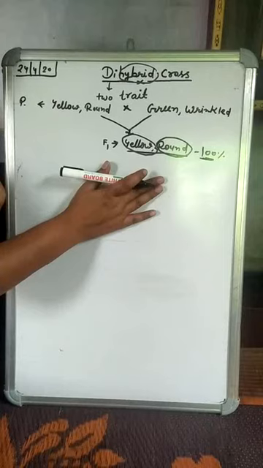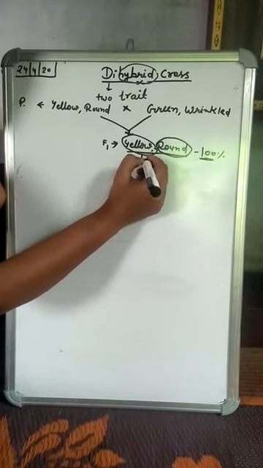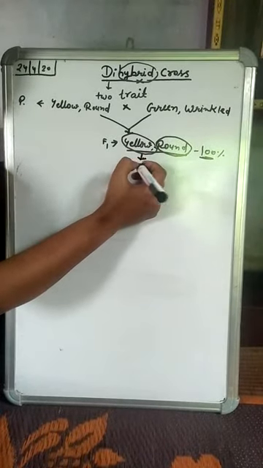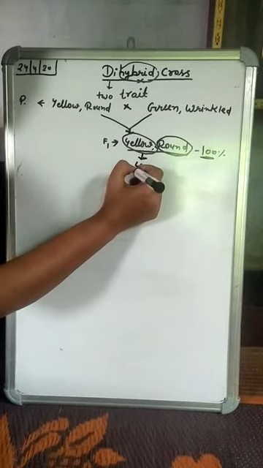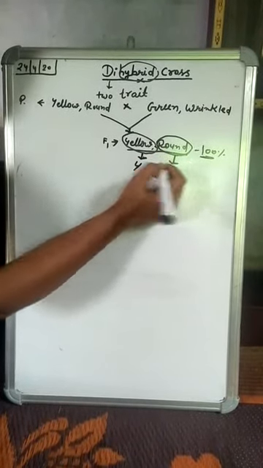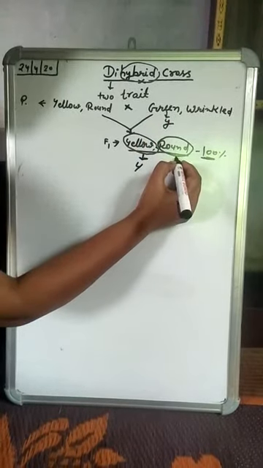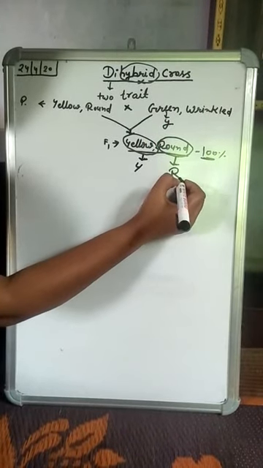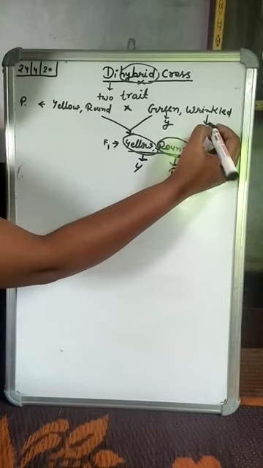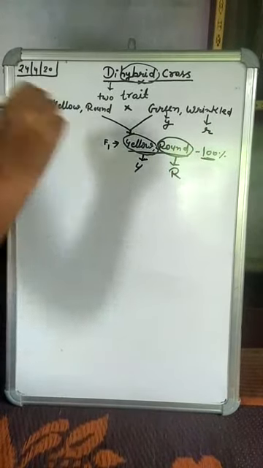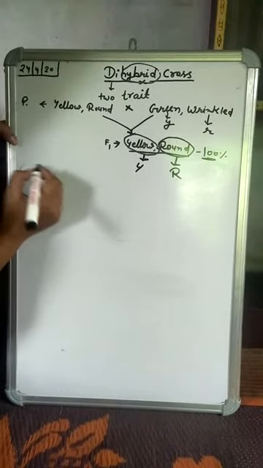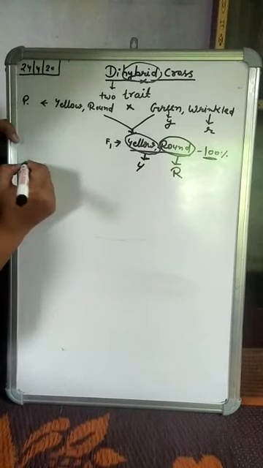On the basis of that, as I told you, the dominant character is represented by a capital letter and the recessive character by a small letter. Further, now we can use the genotype also for the same procedure.